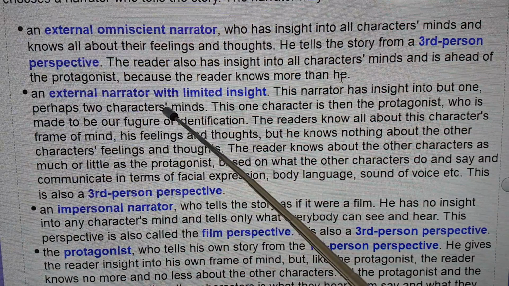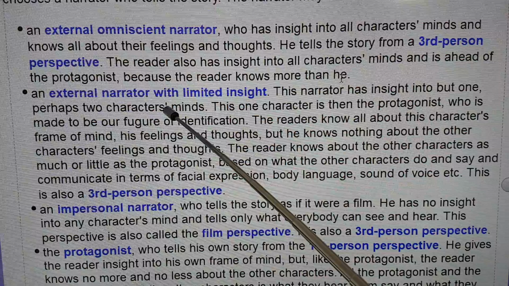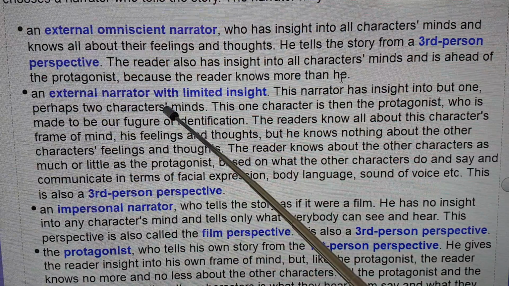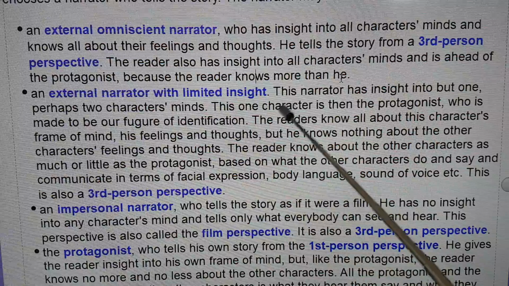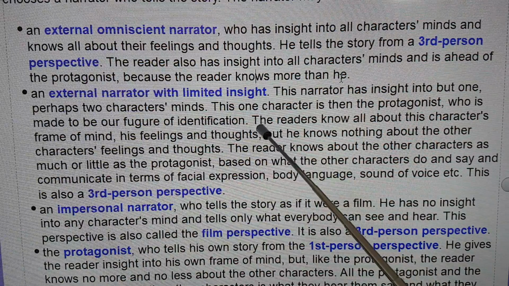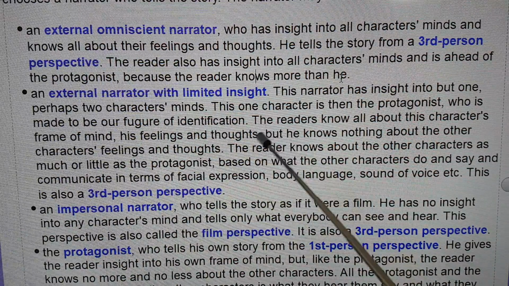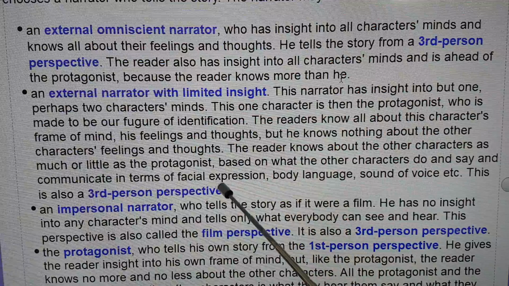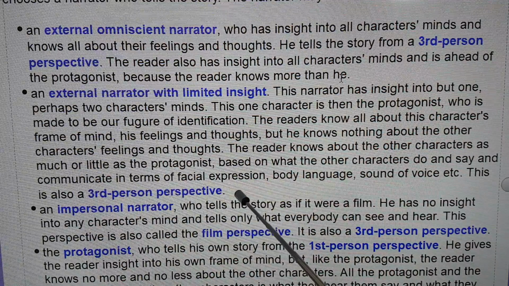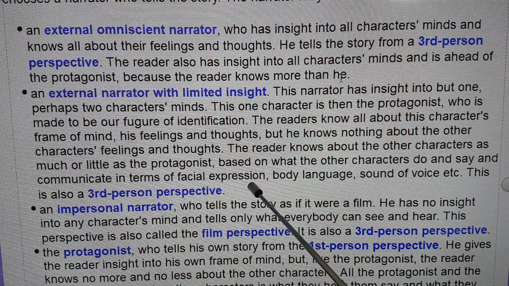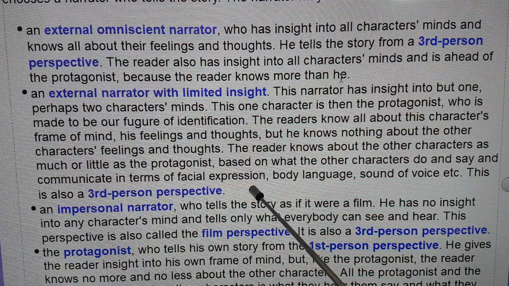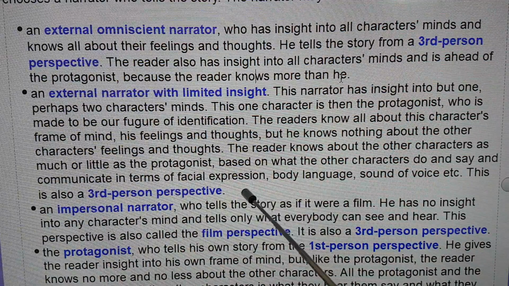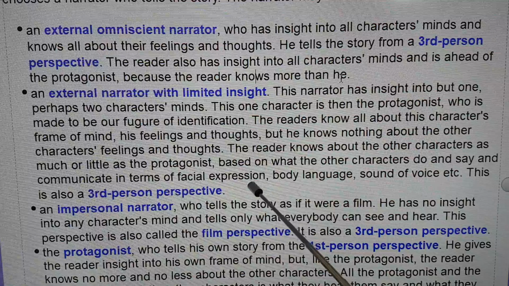Plural plus genitive, inverted comma, okay? And of course, this perspective is also a third-person perspective. So the pronouns to go along are he, she, it, they, their, his, her, its.